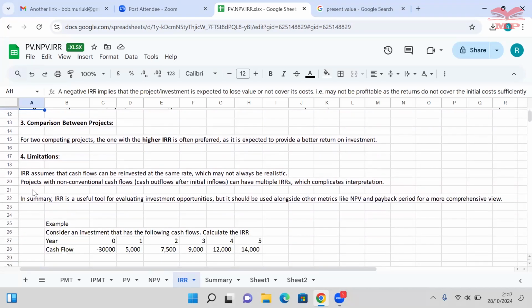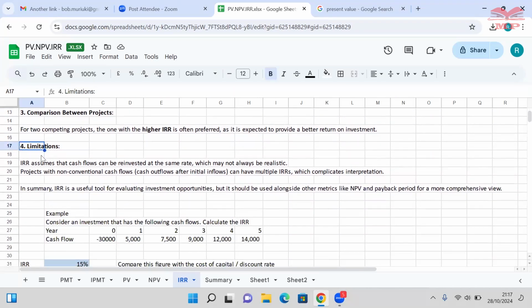All right, so limitations. Let's talk about these limitations for a bit. IRR assumes that cash flows can be reinvested at the same rate, which is not always realistic. So there are some assumptions made that the rate will remain the same for these 5 years, for example, right?